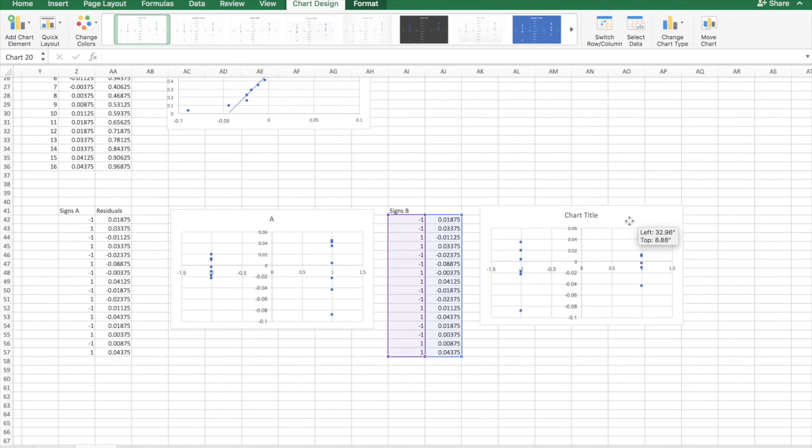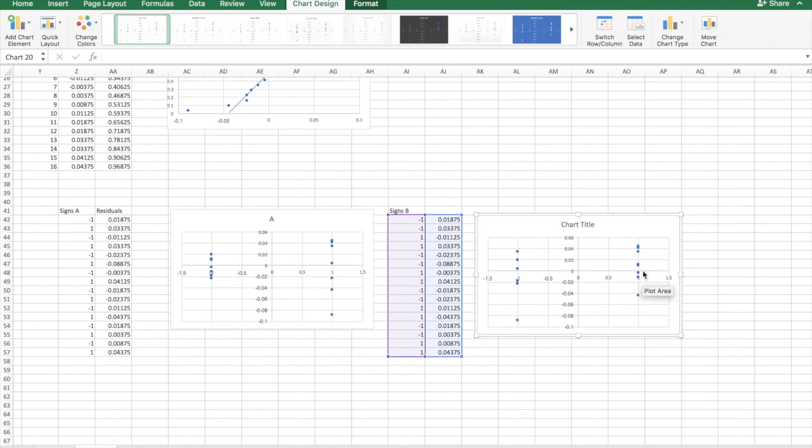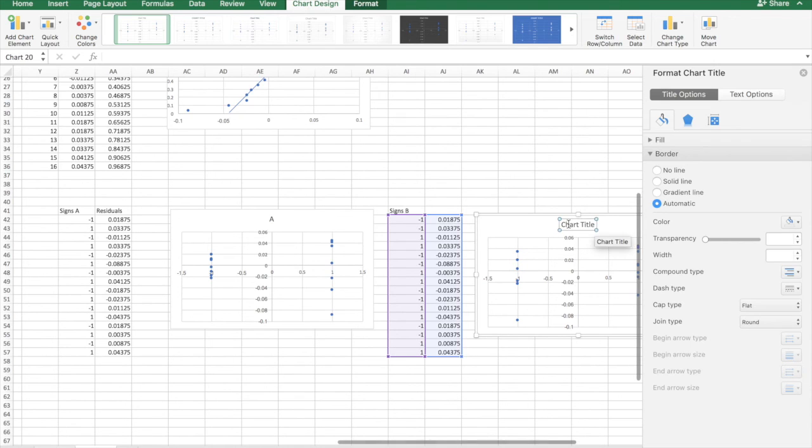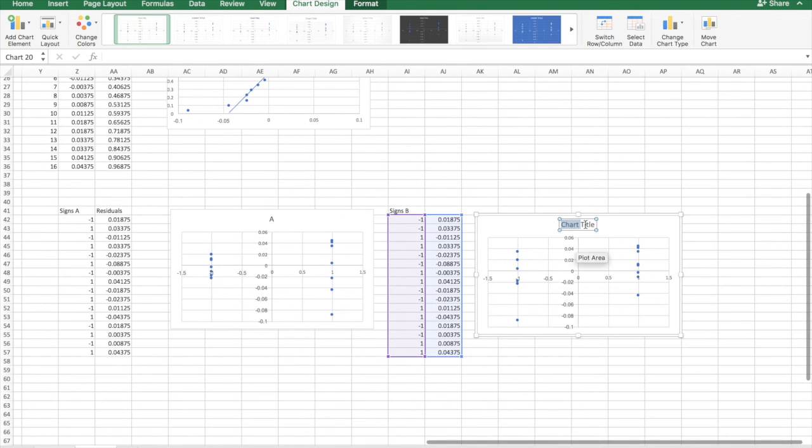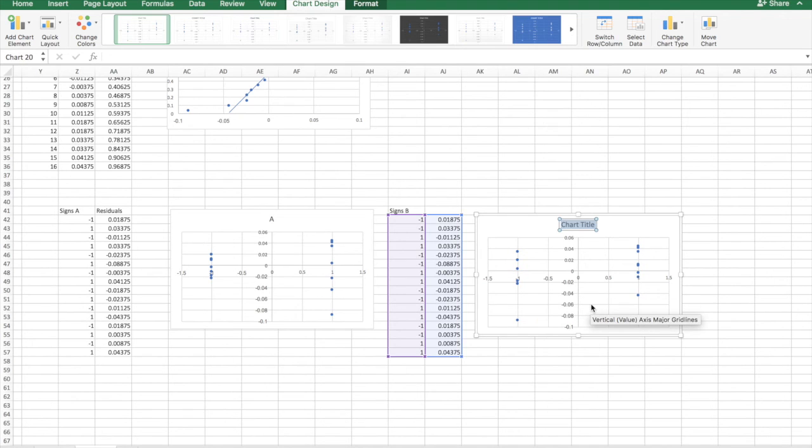And in here we can also see that B affects dispersion, since B at its high level has a lower dispersion than B at its lowest level. Okay, so that was B.